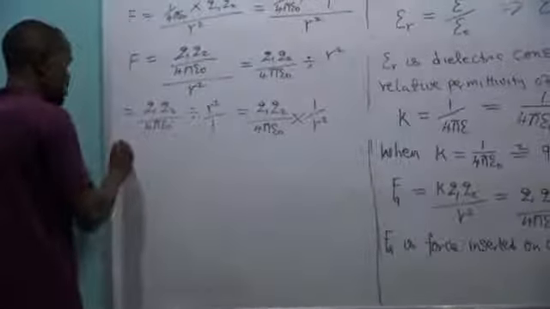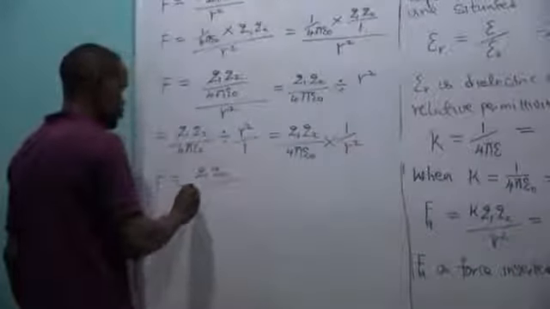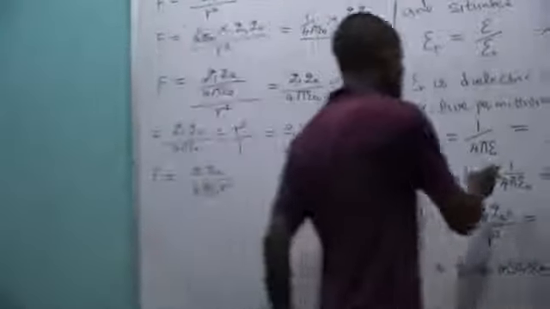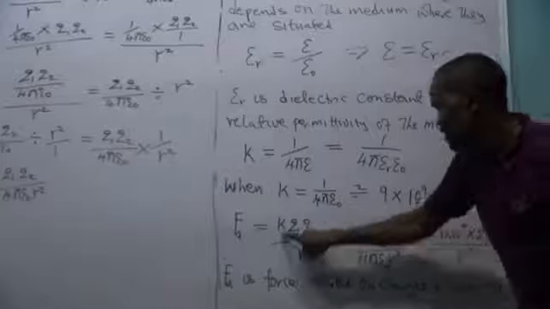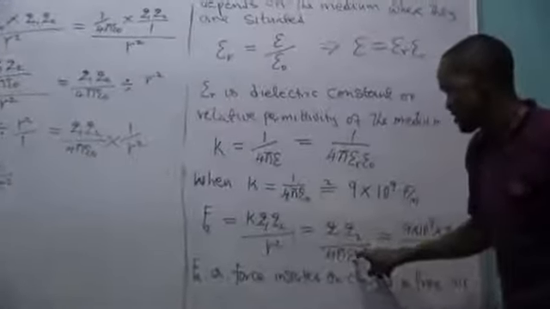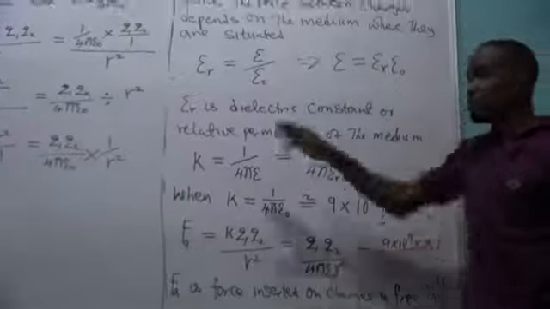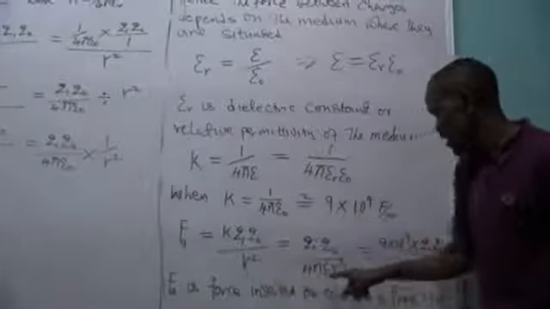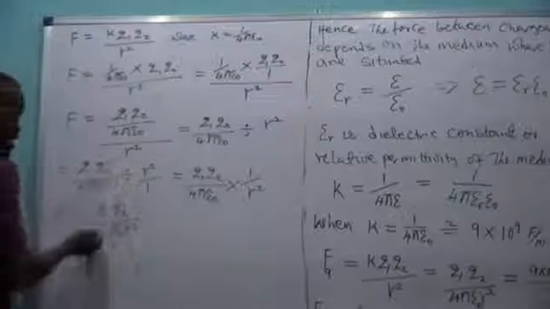That will give me F equals Q1 Q2 all over 4 pi epsilon O R squared. And that's what I did here. When K is equal to this, I substitute in this formula and I will have this. I was doing this to make clear how I get it.